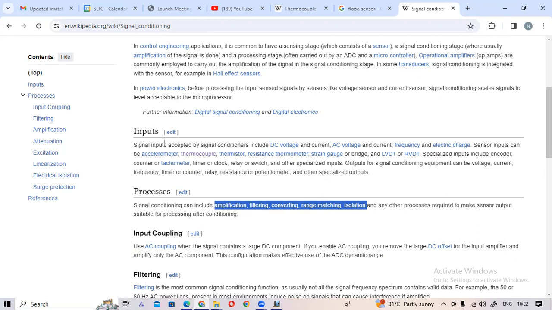The input should be equipped with the circuits. All inputs for measurement data or something should be equipped for the instrument. Otherwise, it will make errors or maybe the instrument will be damaged. So signal conditioning is very important for any type of circuit.